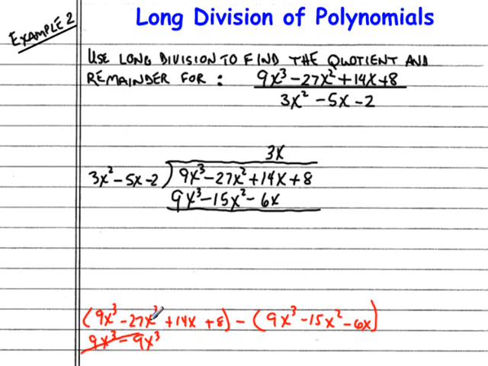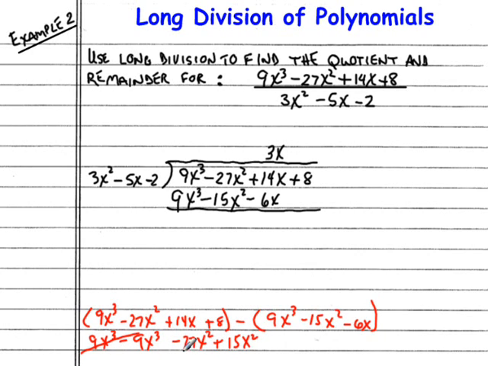The next thing we're going to do is take this term, negative 27x squared, and subtract a negative 15x squared. When we subtract a negative, it becomes plus 15x squared.